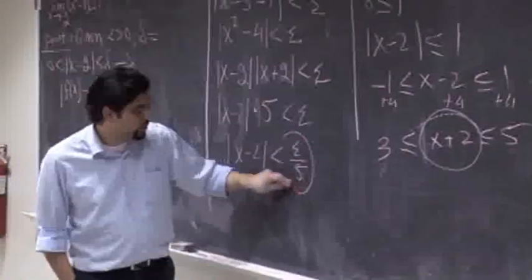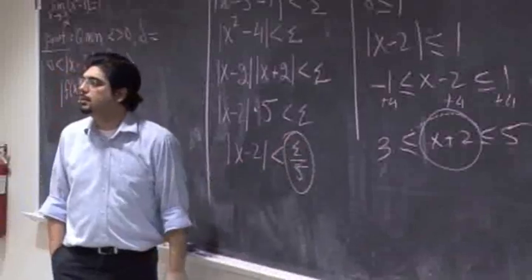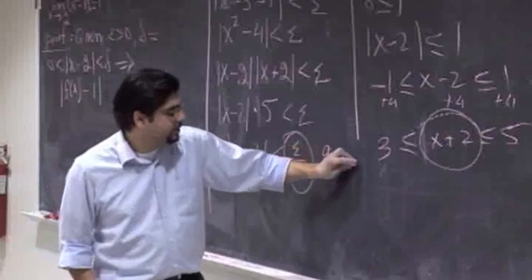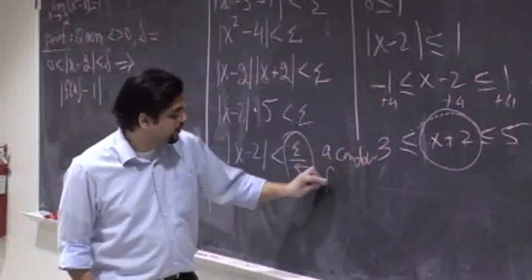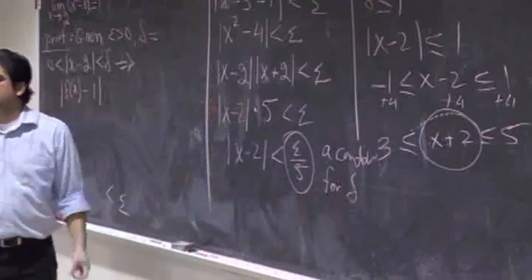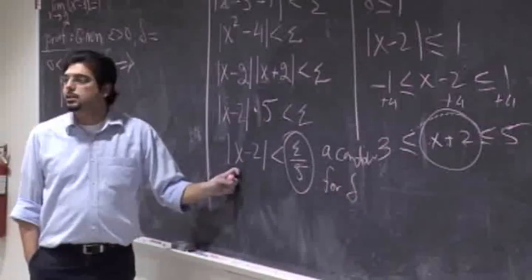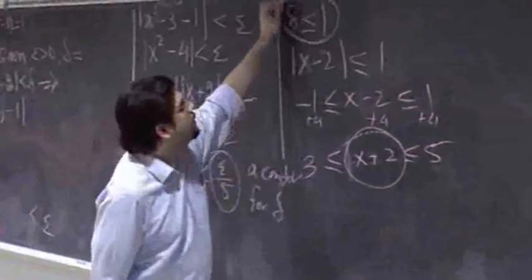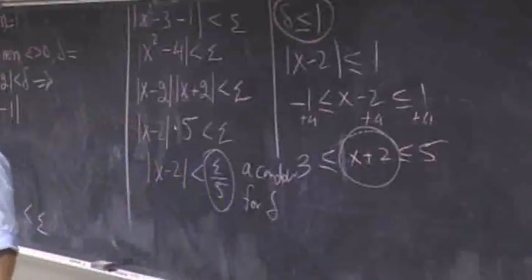So here's a candidate for delta. Why do I say it's not delta, it's a candidate for delta? Because this only works under the assumption that delta is not more than 1.